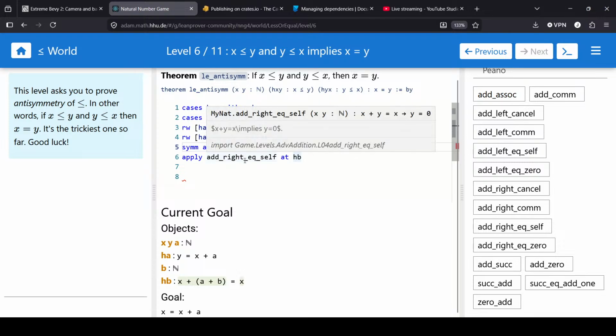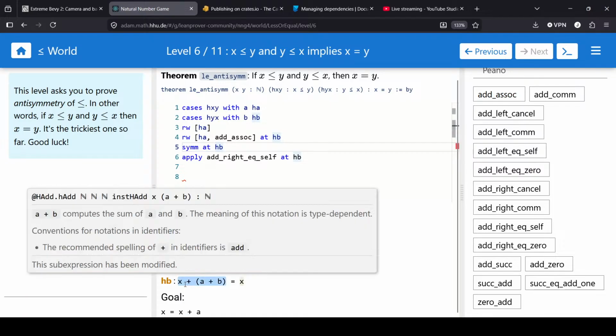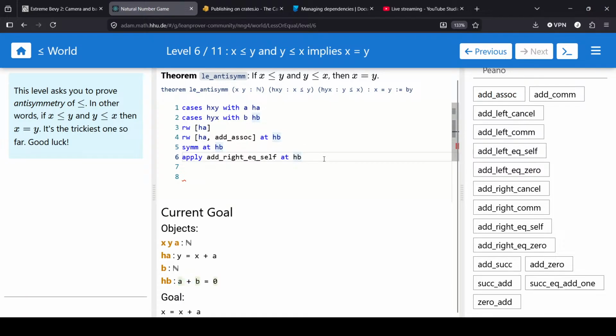Oh, maybe I don't. What if I didn't do it that way? Wait, yeah, what if instead of making a plus b equals 0, what if I proved that b was 0? Or something, wait. No, but the terms have to be the same on both sides. So if I didn't add associativity, it wouldn't be the right form. I feel like this is the right thing to do, though.